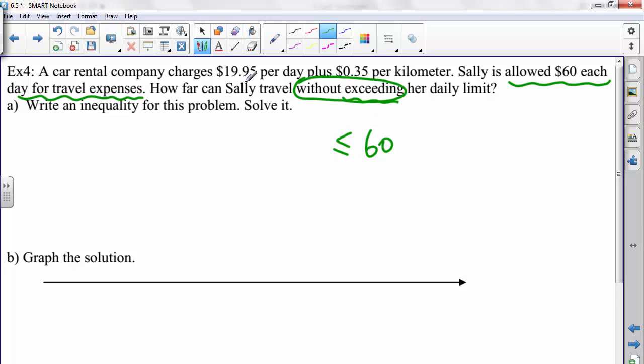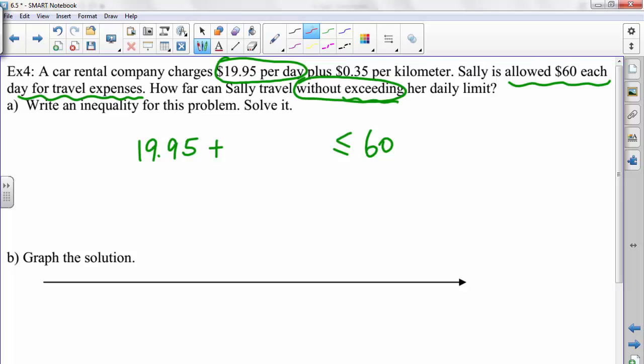So let's look at her total expense for a day. This is the fixed cost. This is the rental cost. No matter how many kilometers she travels, she needs to pay $19.95. This is the fixed cost. So let's look at the variable cost. The variable cost depends on the kilometers she travels.